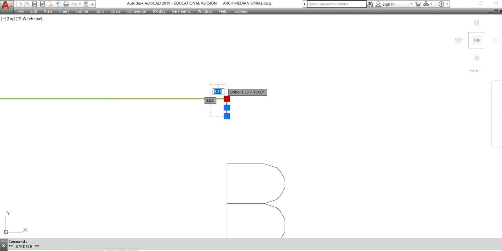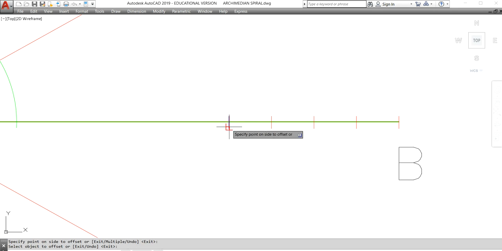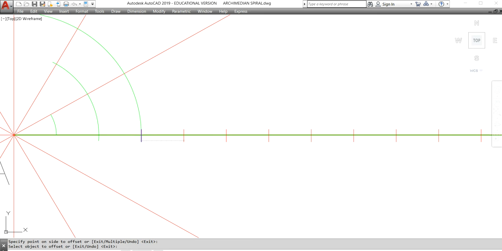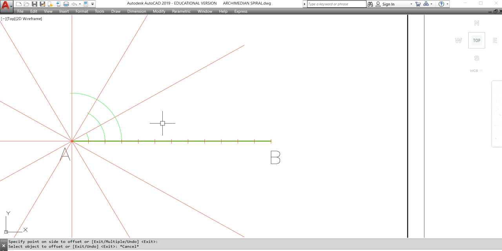I'm going to do it like this so you'll understand much better. So these are the 12 divisions. In this case, as I said, you can just do each point 1 centimeter apart. If A to B is different from 120, we need to use division of a line.